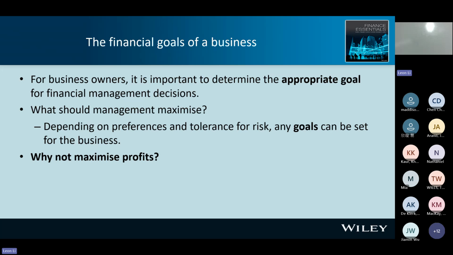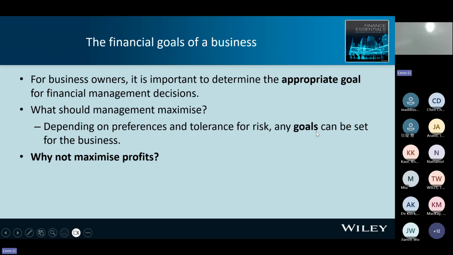Stock price is the value of the company. So their concern is to maximize the stock price. So what should the manager maximize? Our conclusion is the stock price. But we also understand there are many goals for a business.